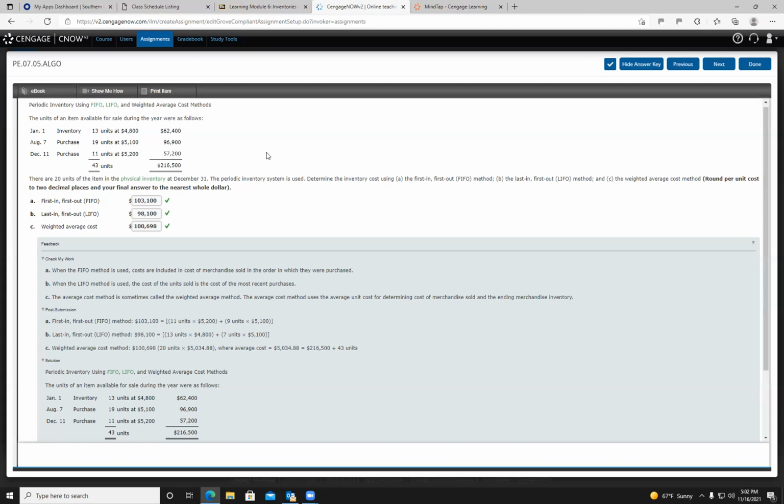Under the periodic inventory system, your cost of merchandise sold and your ending inventory balance are not updated until a physical count of the inventory has been completed. So it is a different method and a different process. In this problem, we're using the periodic inventory system, and we're going to calculate the FIFO, LIFO, and weighted average cost methods using that periodic system.